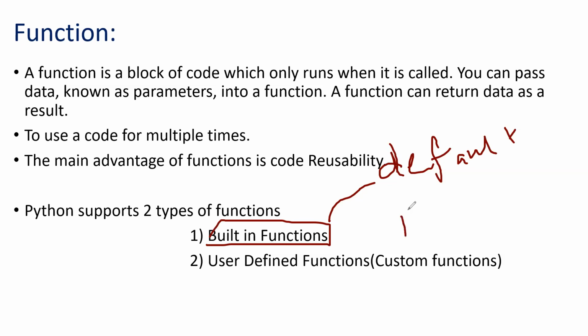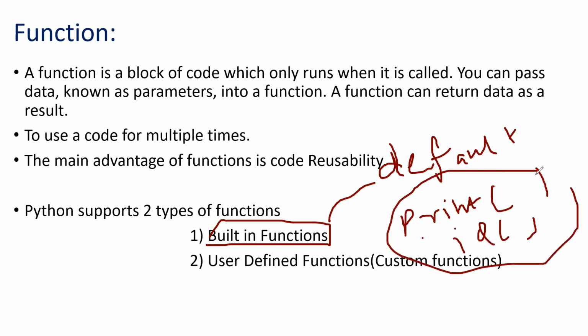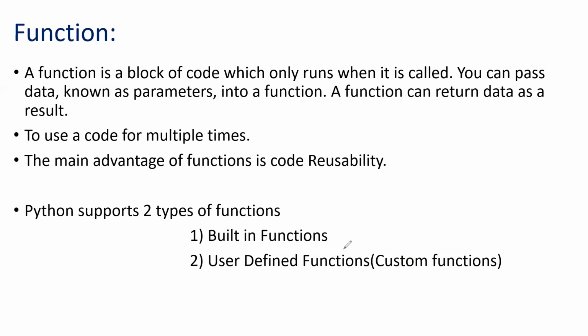For example, print is a function, and id is also a function. These come with the Python package or software. The second type is user-defined functions.